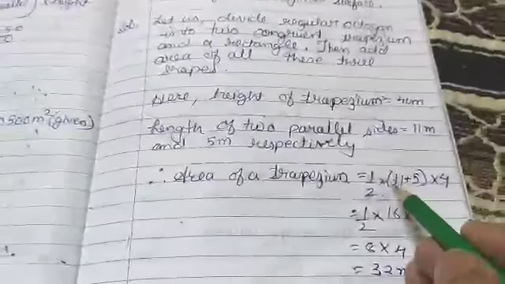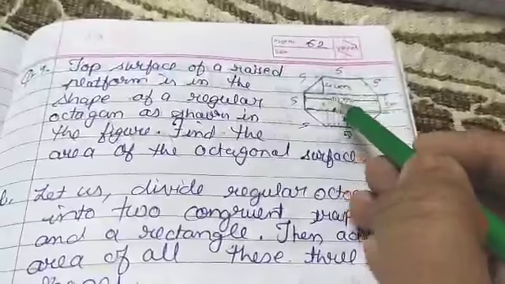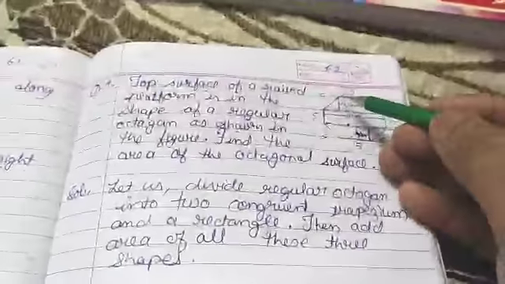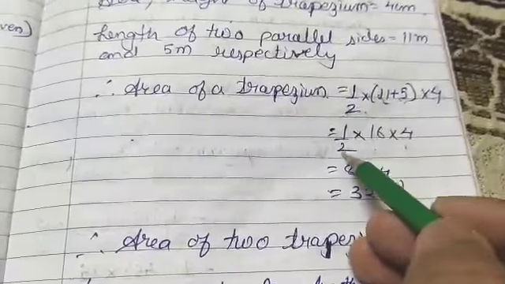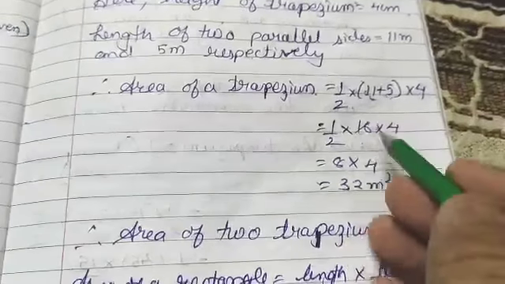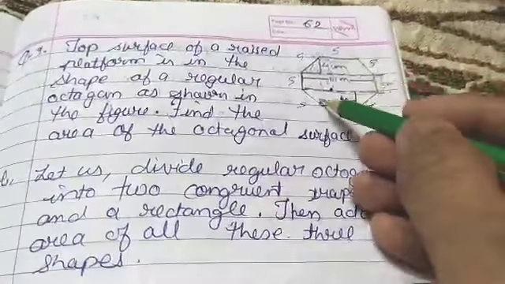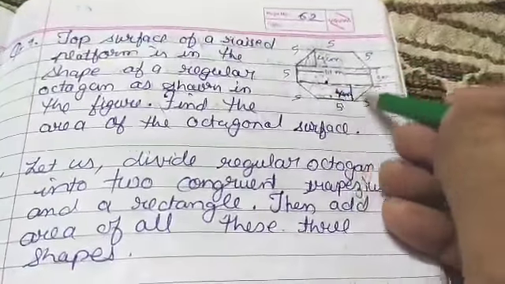Half into the sum of parallel sides, one is 11 and another is 5, so 11 plus 5 multiplied by the distance between the parallel sides, that is 4. 11 plus 5 gives 16, 2 8s are 16 and 8 4s are 32. This is the area of one trapezium. Multiply it with 2 to get the area of both trapeziums.